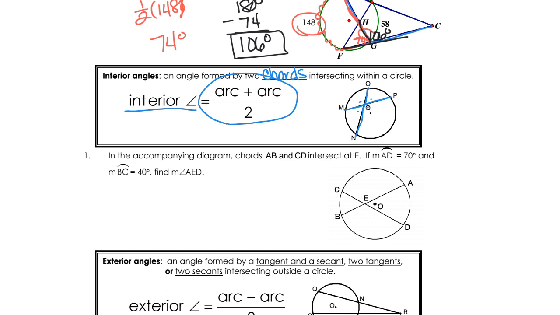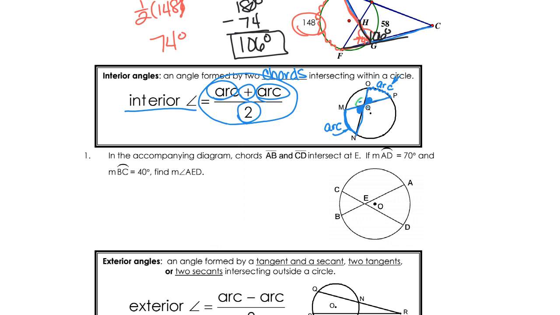So when you are looking for these two angles here, this one or this one, number one, they're going to have the same measure because they're vertical angles. This is one of the arcs that you're going to use in the formula, and this is the other arc over here. These are the two arcs that have to get added together, and divided by 2.